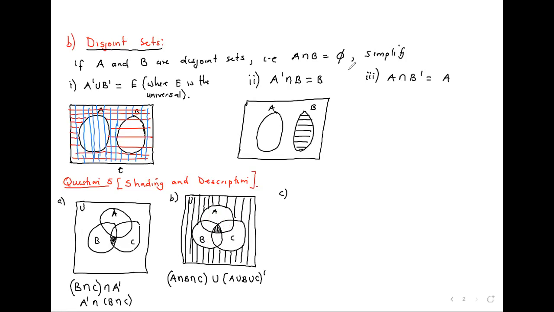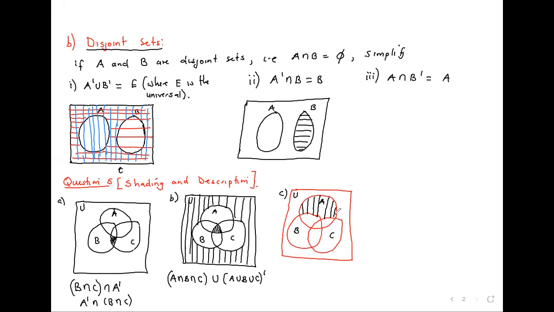Then C, we have the sets here, A, B, C. This part is shaded. So obviously we know A has been shaded.